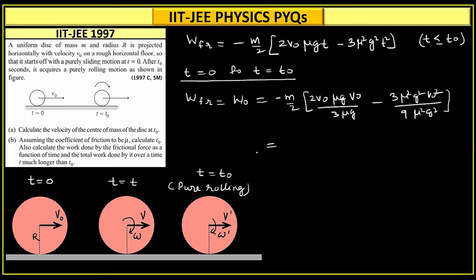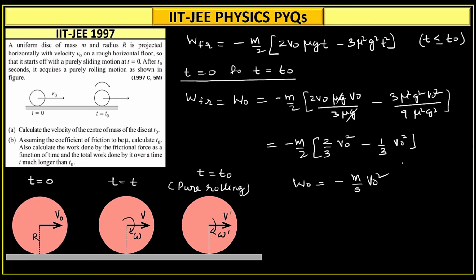Further simplifying, that will be m by 2, mu g gets cancelled, that will be 2 by 3 v naught square minus 1 by 3 v naught square, so 1 by 3 v naught square. So overall, this work done w naught will be minus m by 6 v naught square.